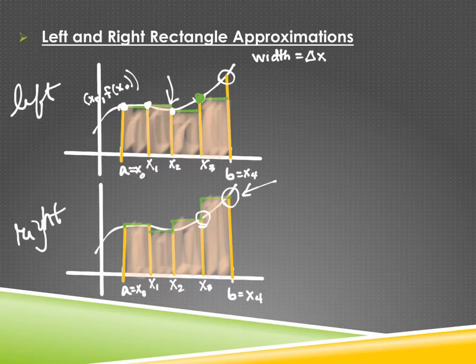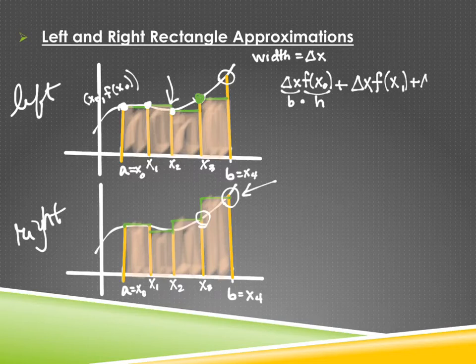So literally what we have is the first area is the width, delta x, times f of x0. This is width, this is height. So base times height. That's what you have, base times height. That's the first rectangle. The second rectangle is also a base, which is delta x, times the height. What's the height? f of x1.